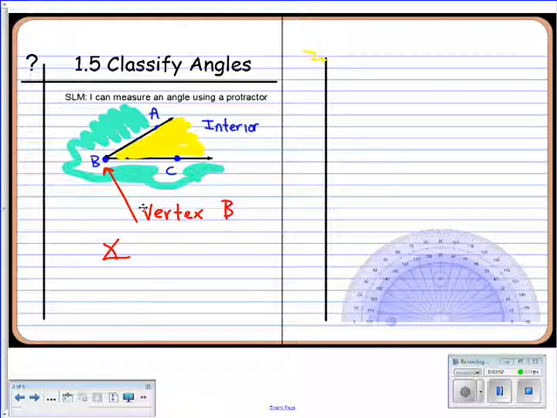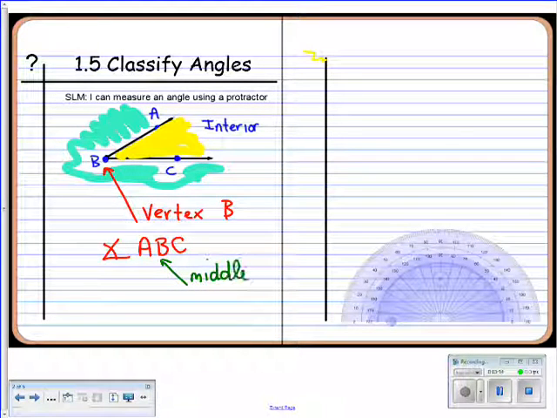I always put a little strike in it like that and call it A, B, C. This letter right here, the middle letter, is always the vertex. And then let's label this outside called the exterior for your notes.